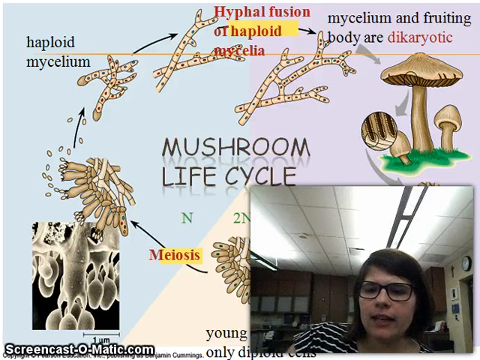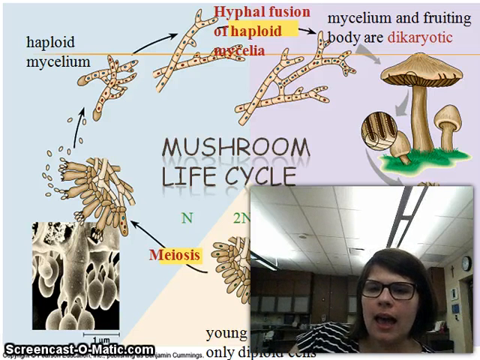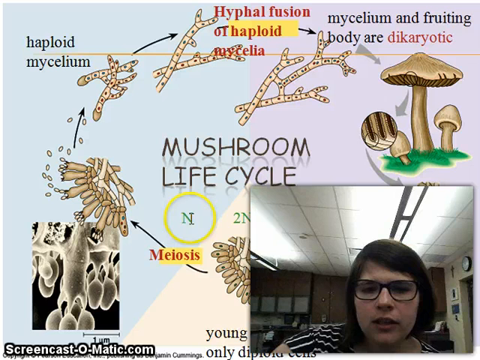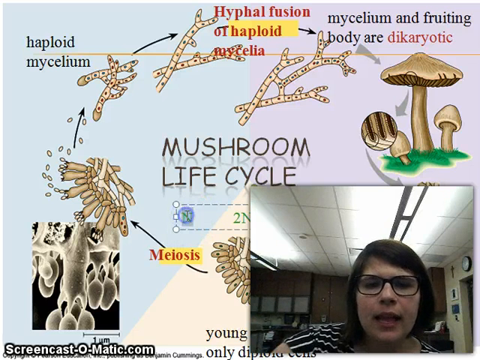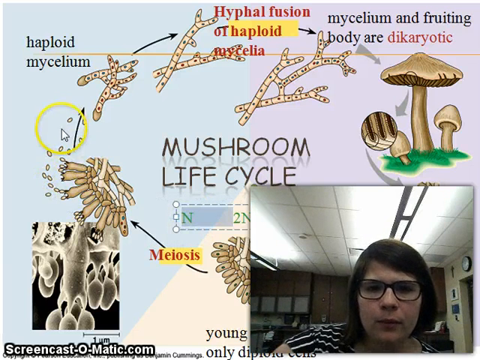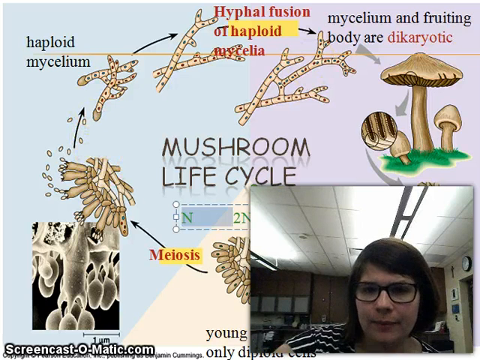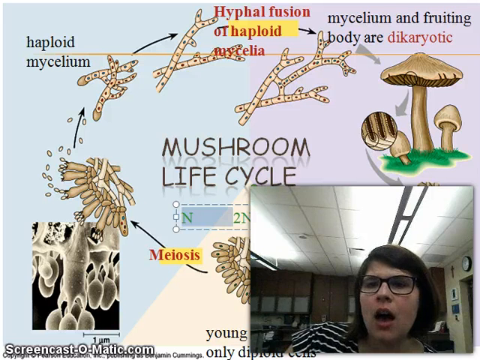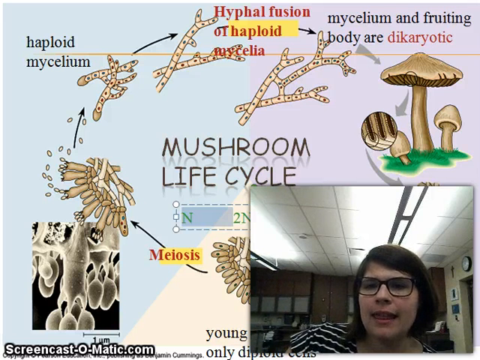So this is the life cycle. If we start where it has meiosis, right about here, and we go through this, we start at N. See that? And we're going to go through, and we're going to have haploid mycelium, and then we're actually going to fuse. And the mycelium are fruiting, and they become dikaryotic.